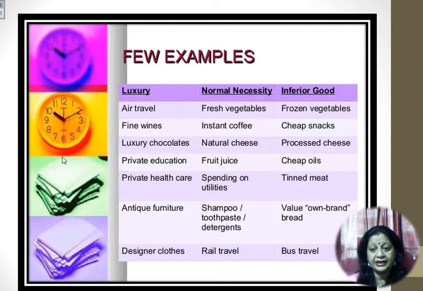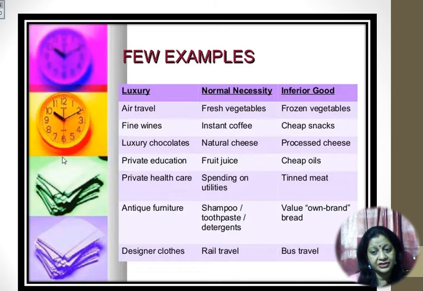For example, air travel. Every customer does not have the capability to travel by air, so that becomes a luxury for him. Normal necessity: fresh vegetables. Whether the consumer belongs to high status, low status, or the normal status, he will consume some vegetables.